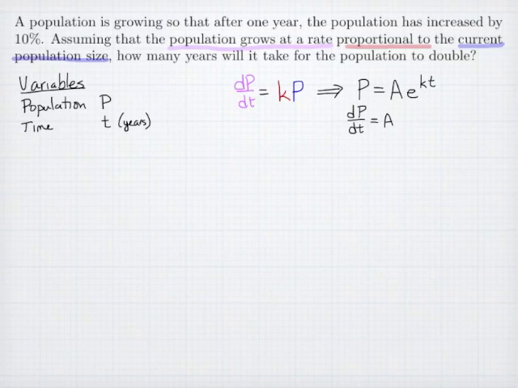And the derivative of an exponential is itself, e to the kt, times the derivative of the exponent, kt. The derivative of kt is the constant, k. So I get the rate of change for my population is k times the original population. And so now I know my model.